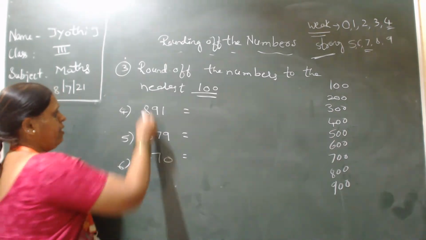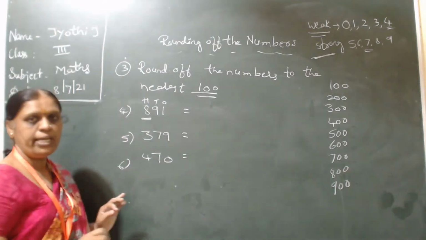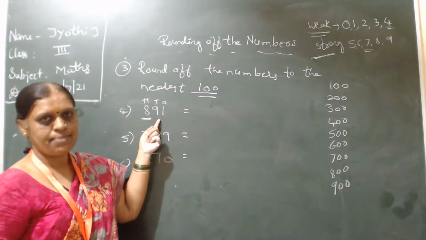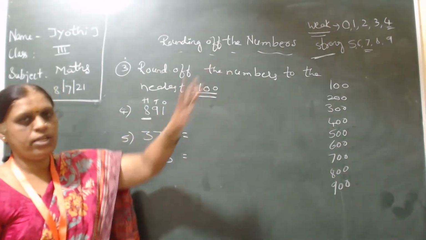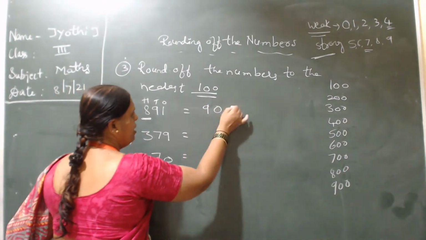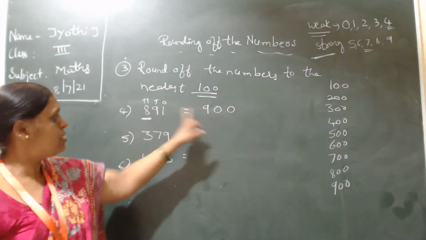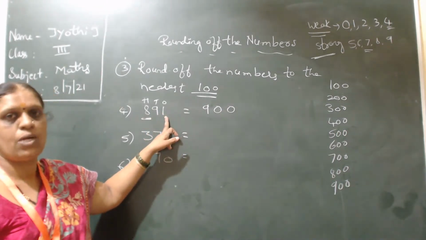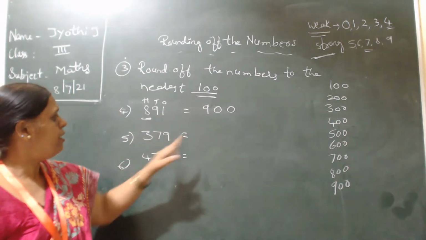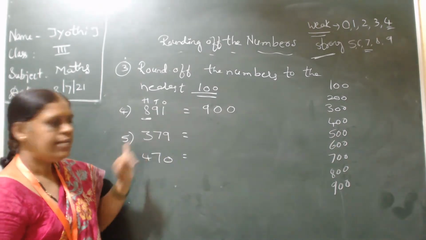So 891. When we are rounding to the nearest hundred, we have to see the number in the tens place. So 9 is more than 5, so it pushes this number to the next hundred. So 8 will become 9. So 891 rounded to the nearest 100 means 900. Now 379.